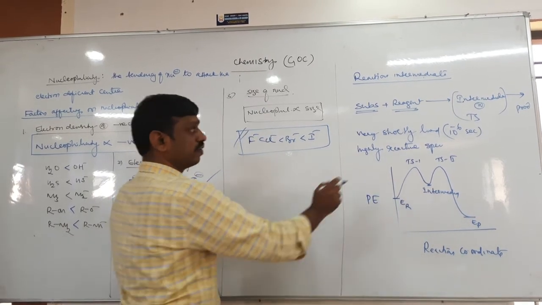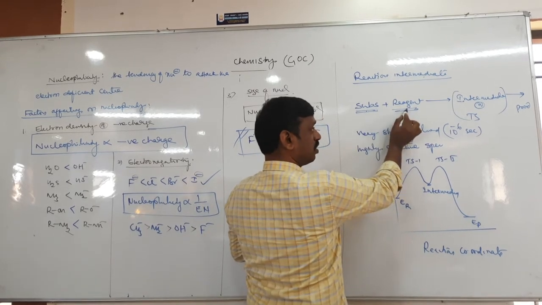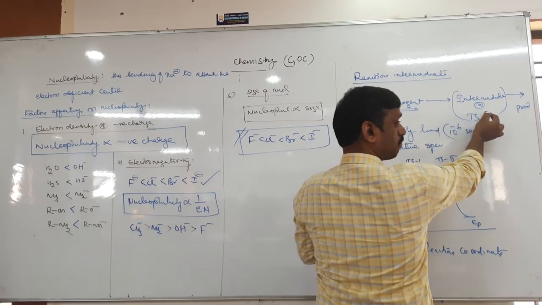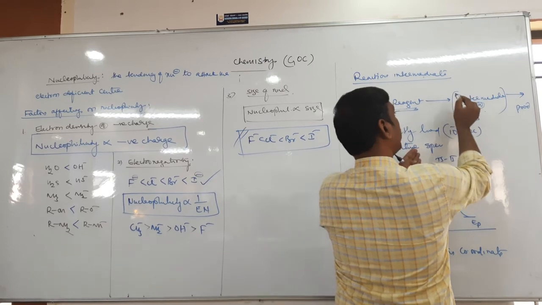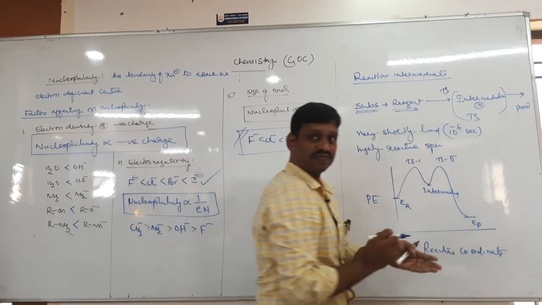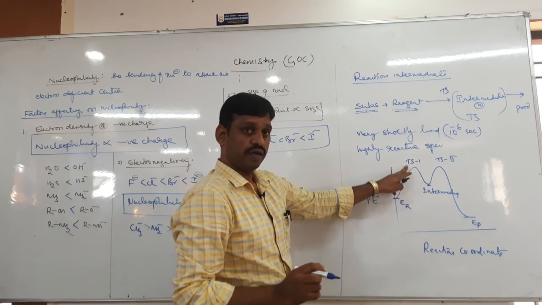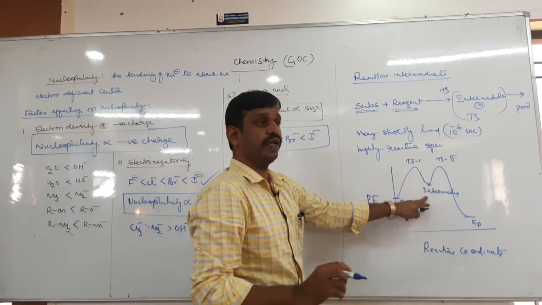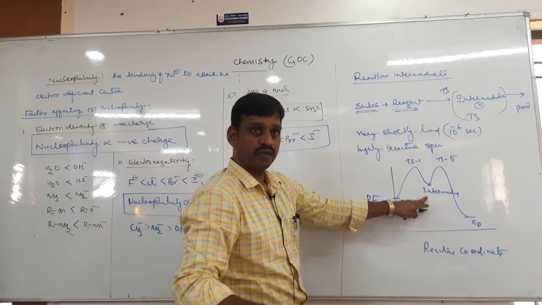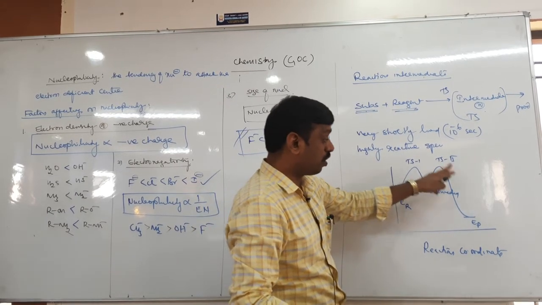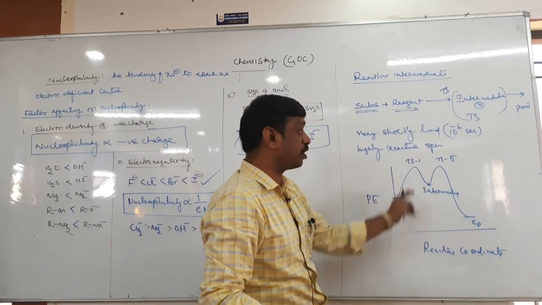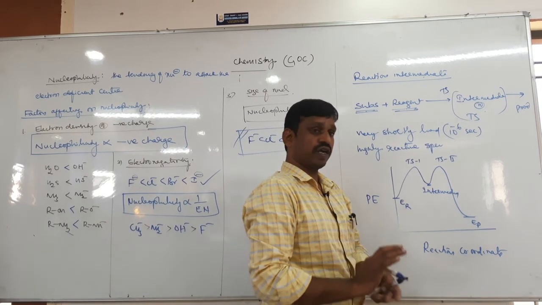Where we have written substrate plus reagent, it forms intermediate, but actually before the intermediate there is a TS, TS1, transition state 1, then it converts into intermediate, which is somehow stable. Then before converting to product, this intermediate again gives one more TS, then product.